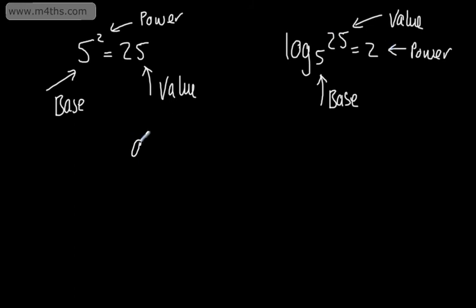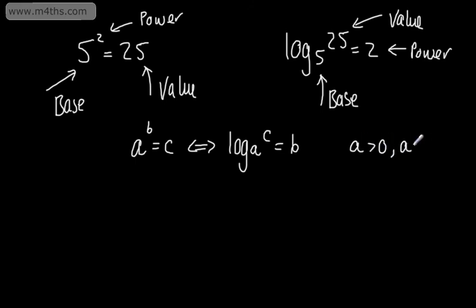In general, if we have an exponential statement a to the power of b is equal to c, the logarithmic equivalent can be written as log to the base a of c is equal to b. We say now that a is going to be greater than 0 and a cannot be equal to 1. So we need a to be a positive value.